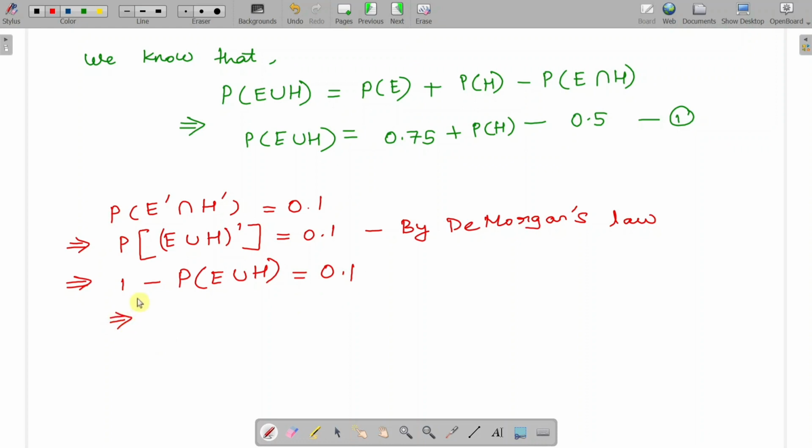So this implies, now what we will do is we will take 0.1 on this side and minus E union H on the other side.